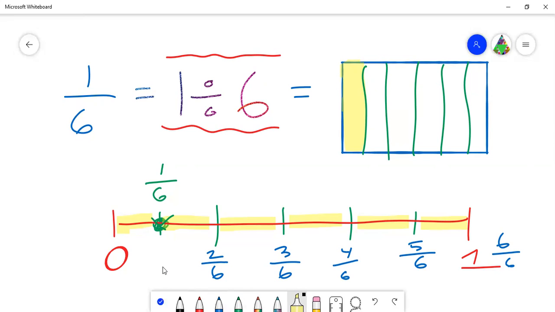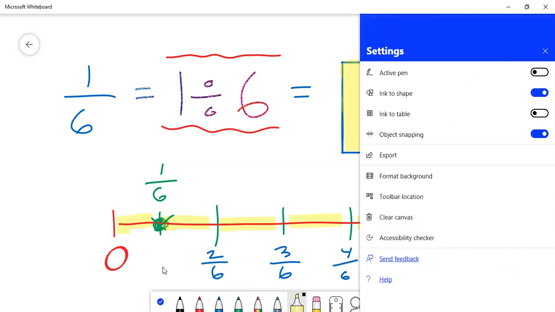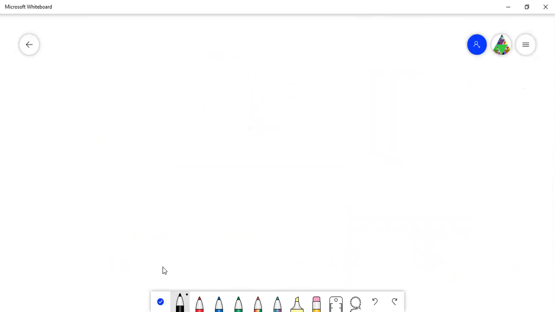Really what we want to start thinking about is how do we visualize and understand what a fraction is? A fraction is just a part of a whole. That's really what we want to think about. If we look at a fraction, and let's look at that with a new fraction now, it's going to tell us how many pieces make the whole.